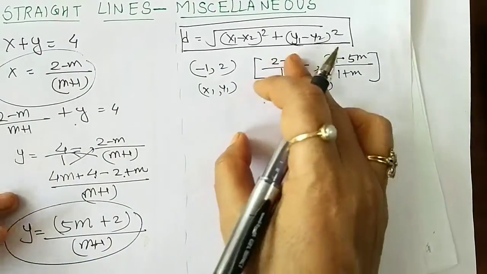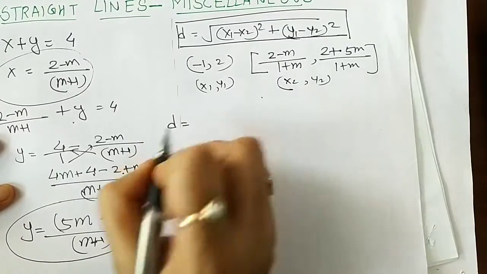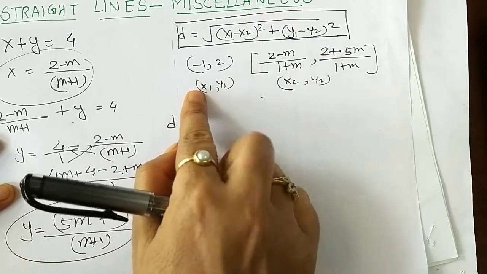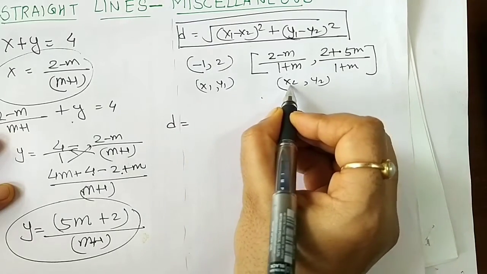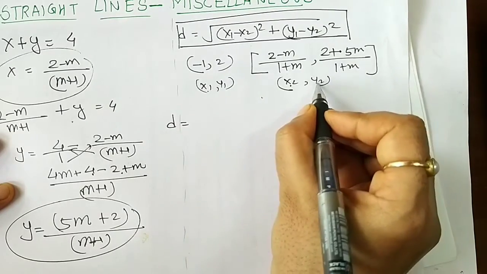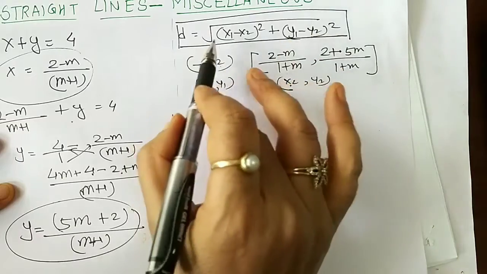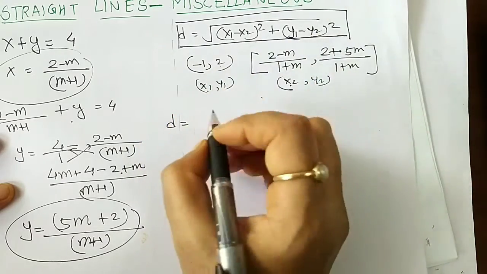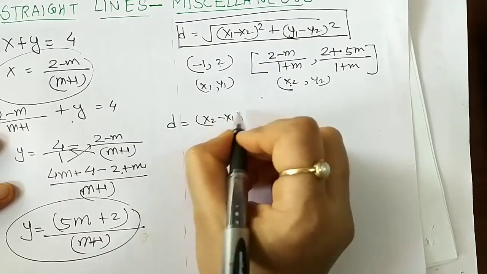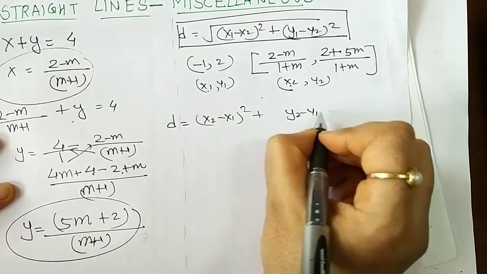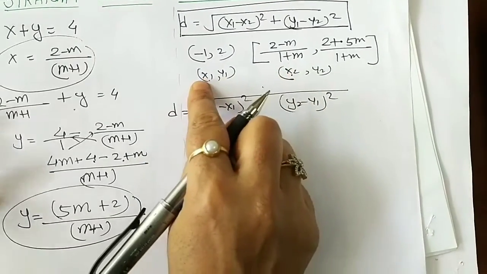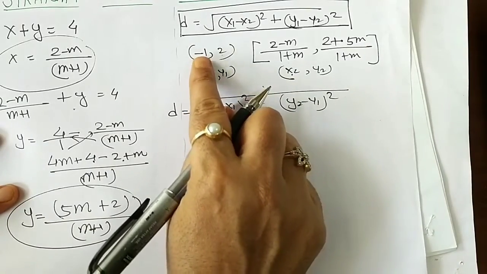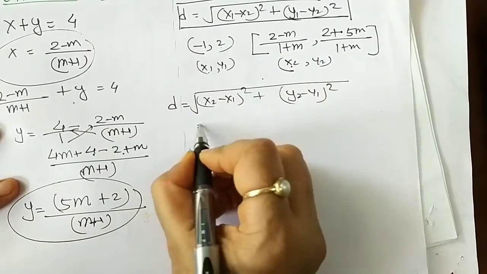Now let me put the values. So my d is x1 minus x2, correct? Or I can take x2 minus x1, y2 minus y1. The formula can be applied in any way. Both are correct. So I am using x2 minus x1. Why? Because I thought that this minus 1 will become plus and it will be easy for me.